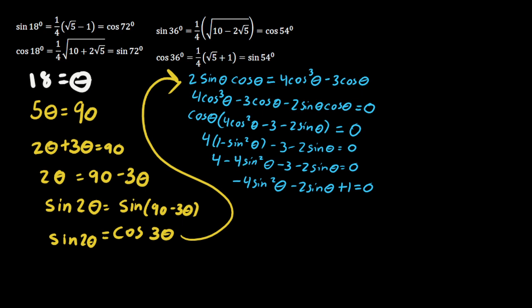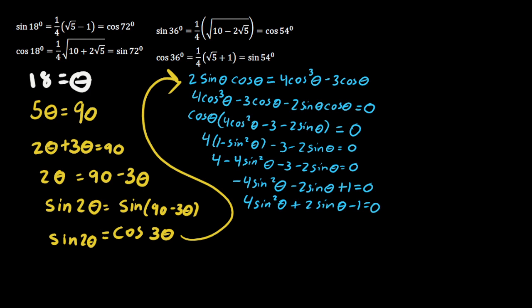Now what I want to do is multiply everything on this side by -1. This is to make the leading coefficient positive, and it just looks nicer. So 4 sine squared theta plus 2 sine theta minus 1 equals 0.